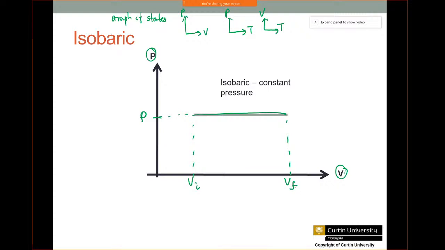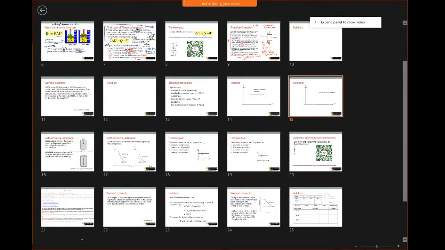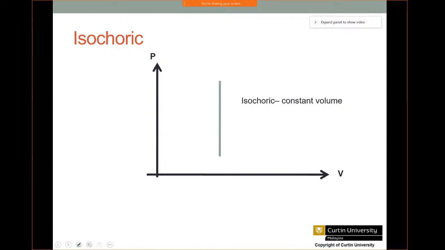It can be final here or initial, depending on the process. If it is an isochoric process, then it's a vertical line.